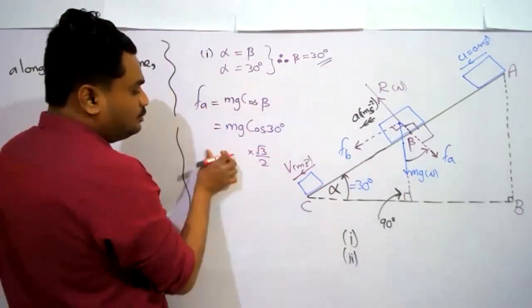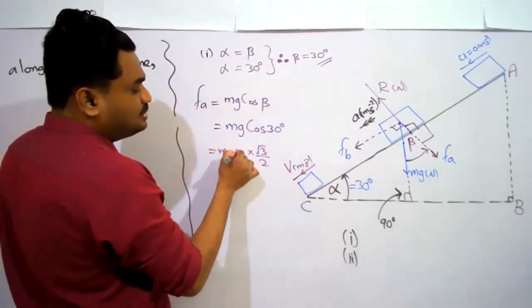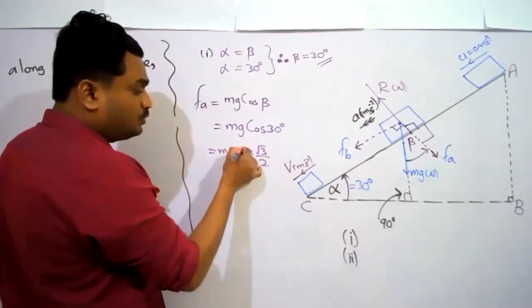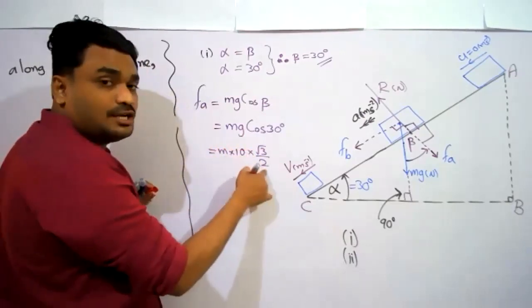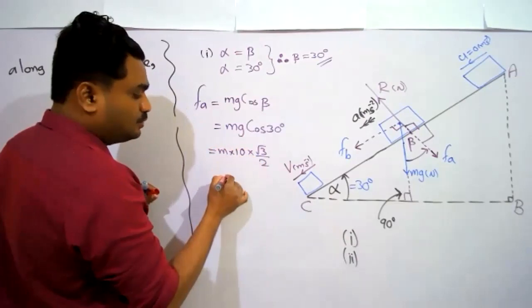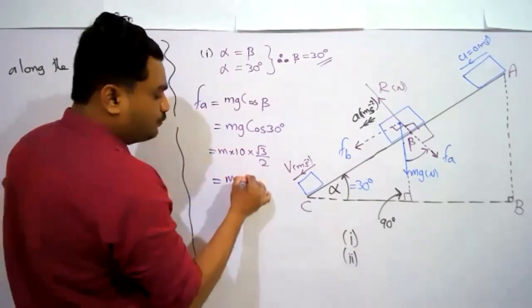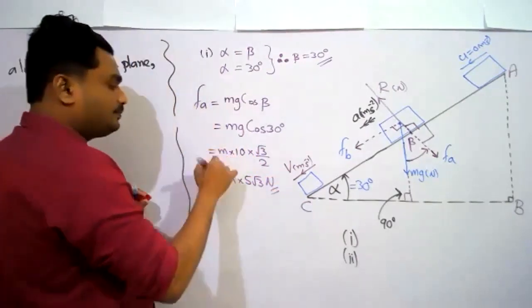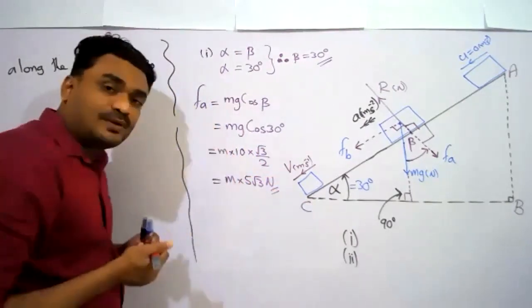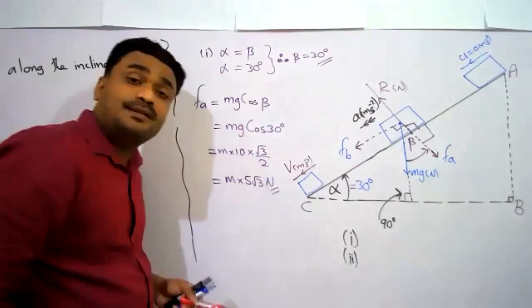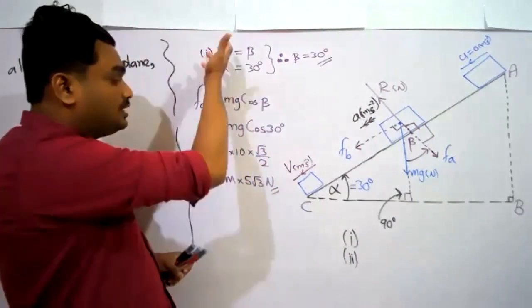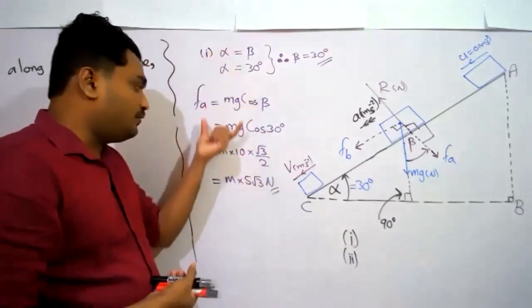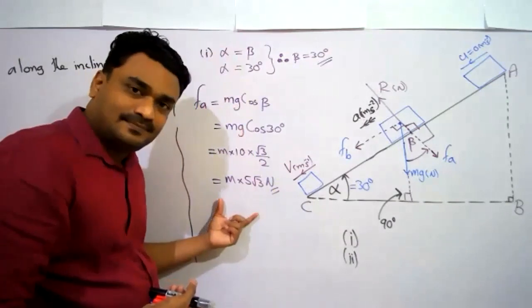We know that g is 10. If you divide 10 by 2, you get 5. So m into 5 root 3 Newton is FA. This is the only thing you can do, because m is not given. As m is not given, we can only obtain an expression for FA like this.